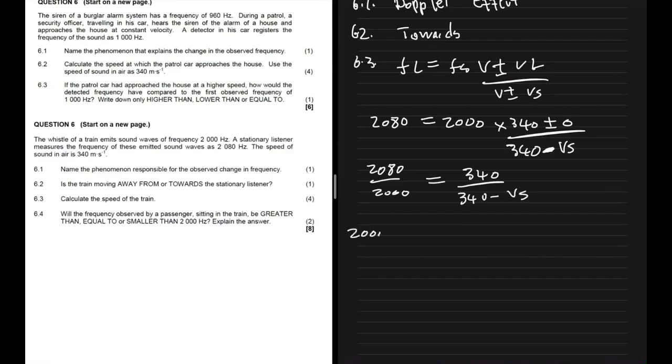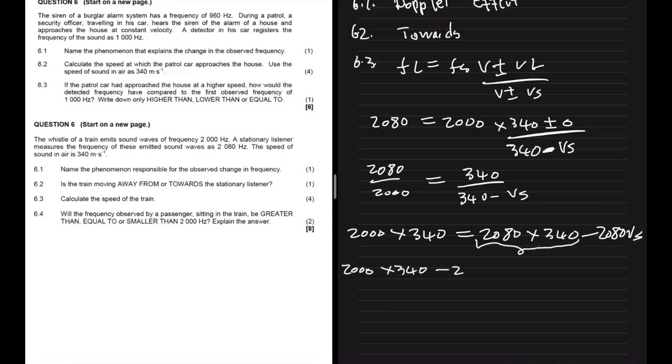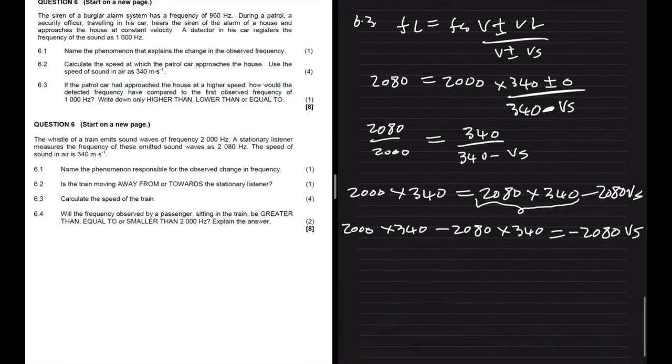So we're going to have 2000 multiplied by 340 equals 2080 multiplied by 340 minus 2080 Vs. I'm going to take this expression to the left hand side so that I can isolate Vs. So we have 2000 multiplied by 340 minus 2080 multiplied by 340 equals minus 2080 multiplied by Vs. And then I'm going to divide both sides by minus 2080 and see what we get.